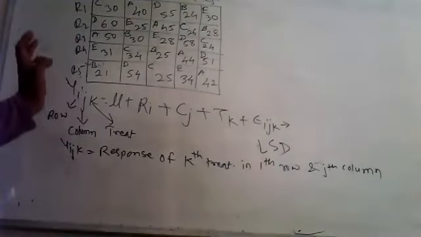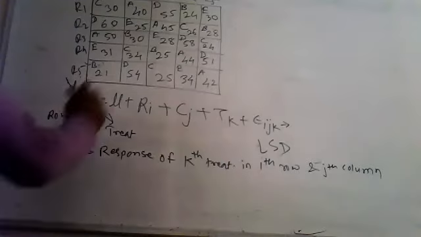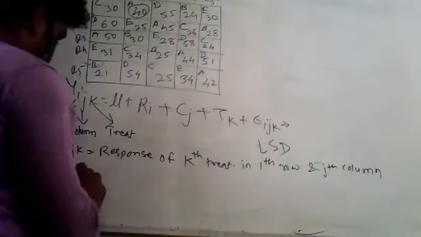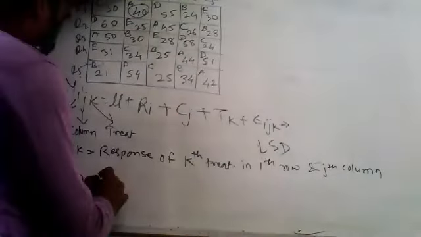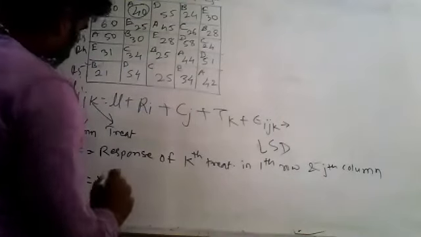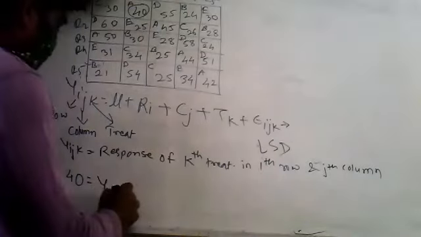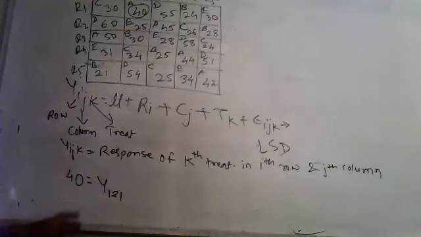So this 40 is in the first row, second column and first treatment. So Y1,2,1: first row, second column, first treatment.